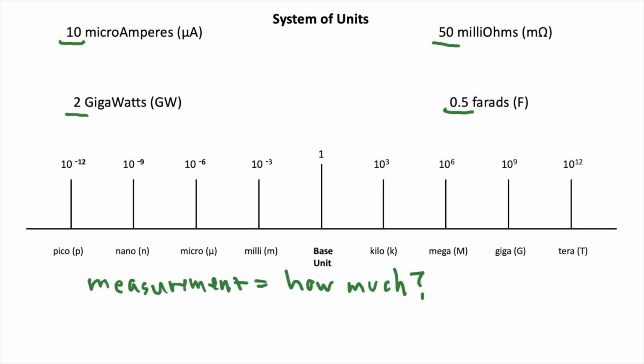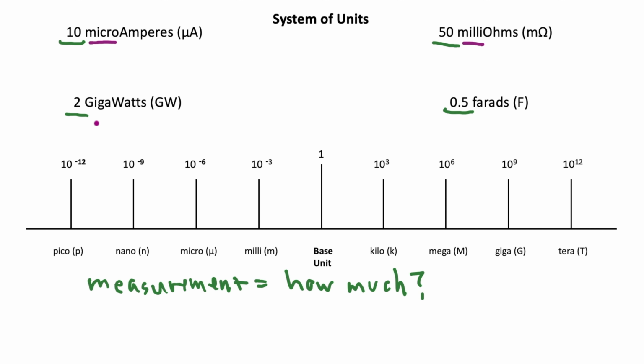And then we have the prefix aspect. So here we have the prefix element, how big or how small. And our prefix is going to be micro here. Our prefix over here is milli.